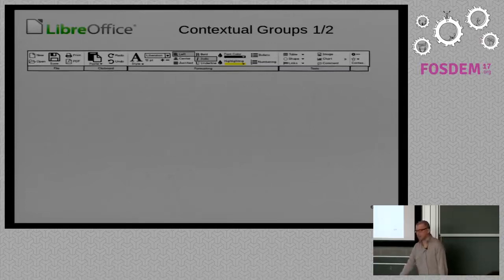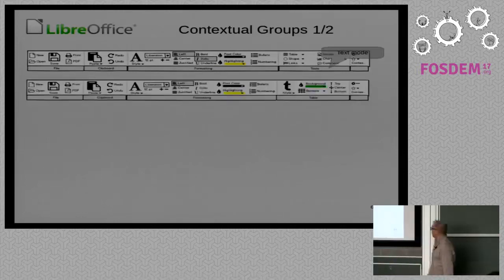But sometimes he may want to add a table, and in the past, we had changing a UI. It flipped from a text editing mode to the table editing mode, which was kind of awkward. The idea is that most parts of the toolbar should remain static, and only a few things have to be depending on the context. That's why this thing is called contextual groups.